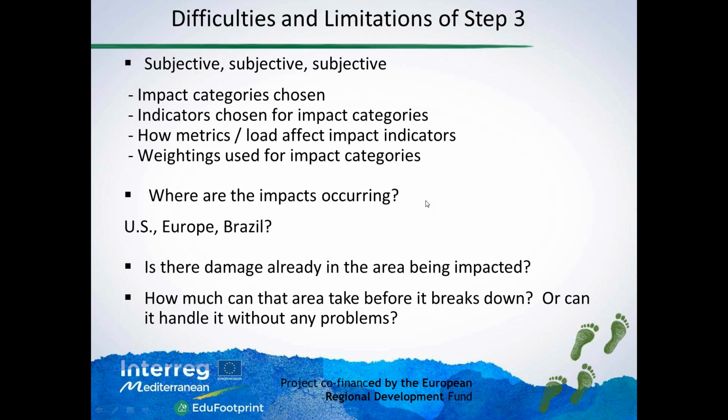and I would like to put your attention on this kind of question. Where are the impacts occurring? I mean, are we talking about United States, Europe, or Brazil, because the damage relating to the environmental impacts is different. Is there damage already in the area being impacted?